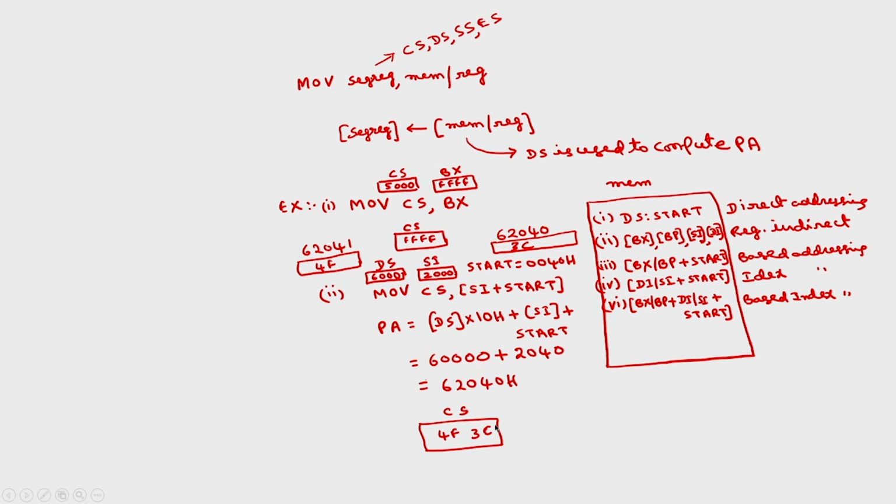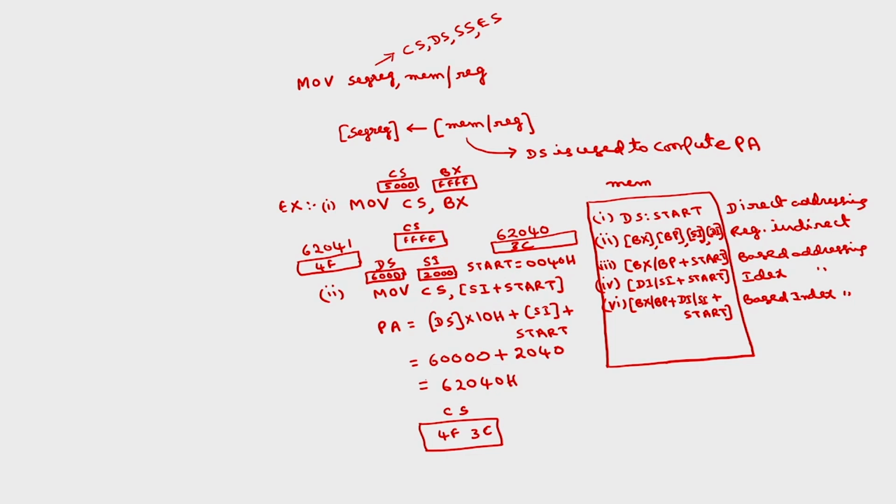This is how you can load any segment register with the contents of any register or any of these memory locations. Similarly, you can have the reverse operation. Here we discussed loading contents into a segment register from memory or register.